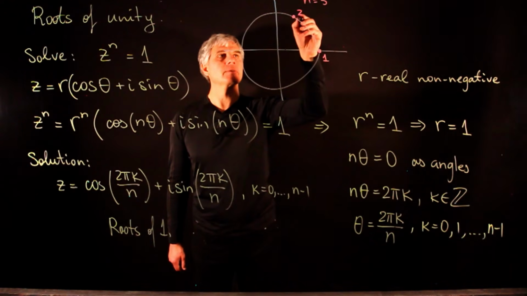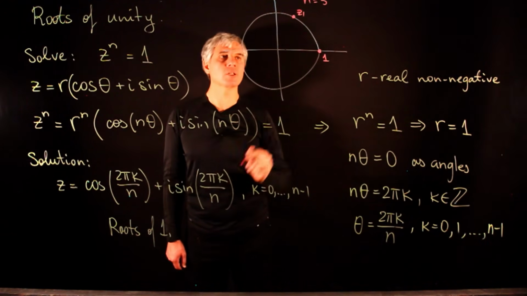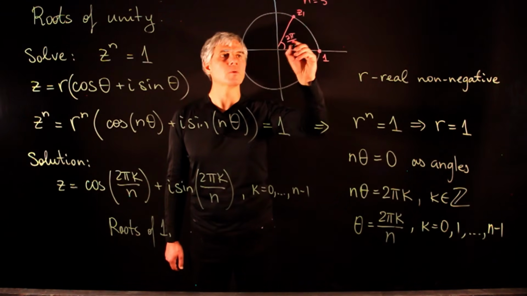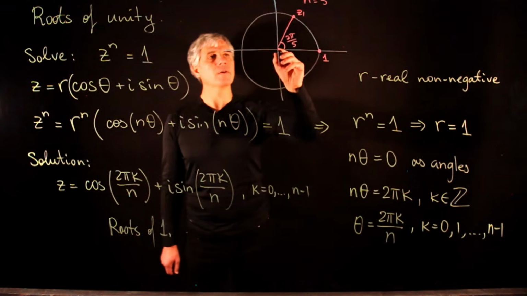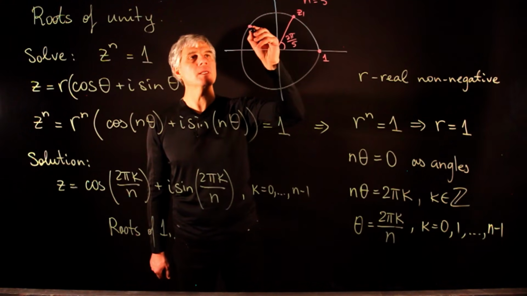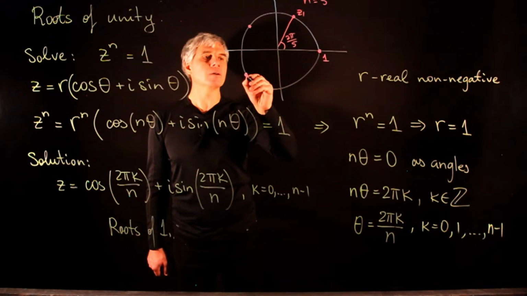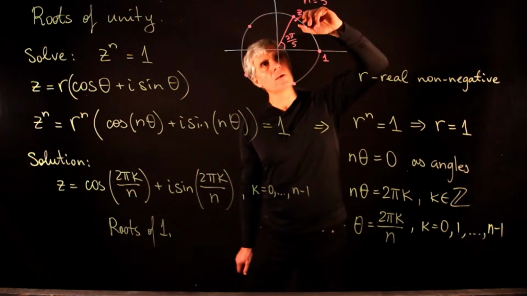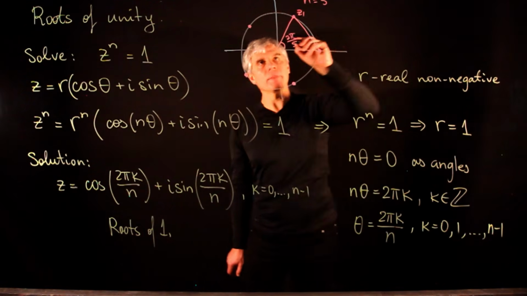So we'll have z1 in this position, where this angle is 2 pi over 5. And then the next number will have argument 4 pi over 5, so it will be here. And so what we will get is the vertices of a regular pentagon.